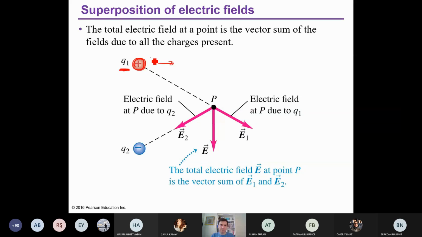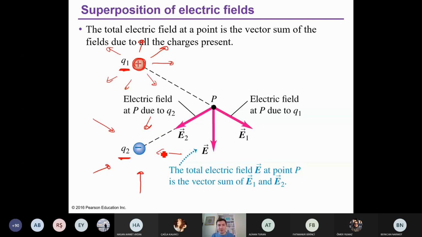It also produces electric field around itself, but its direction is from space to the charge, okay, because it is a negative charge, right? Then I would like to calculate the electric field produced at this P point by these two charges.